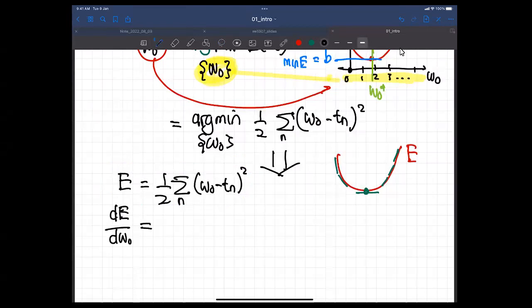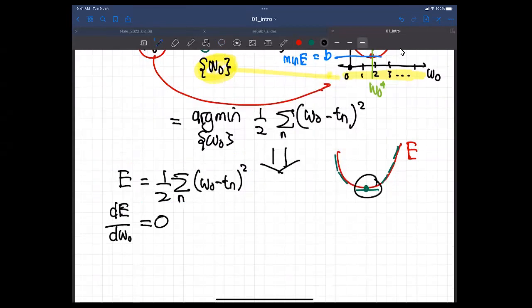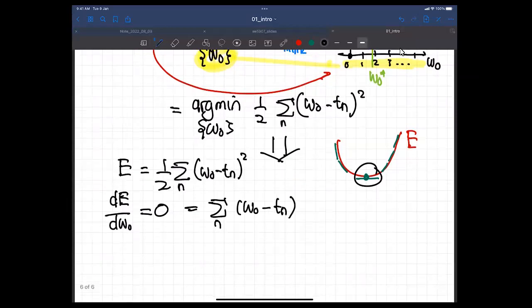And it has to be equal to 0 because we want to find that point. So what is the derivative dE/dW0 here? Anyone? This one equals sum over n. Sum over n, when you do the derivative, is still sum, right? And W0 minus Tn. Okay. So now, again, in the end, what do you want to find here? Which variable do you want to find?